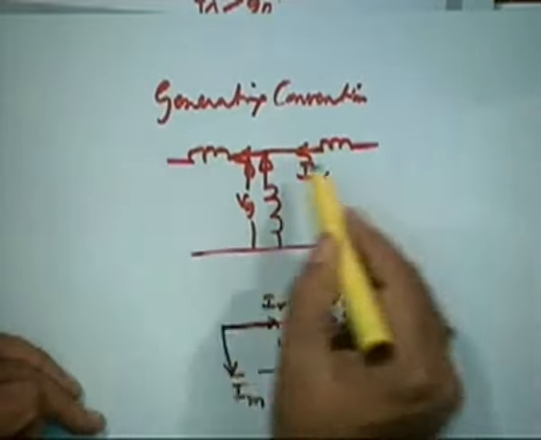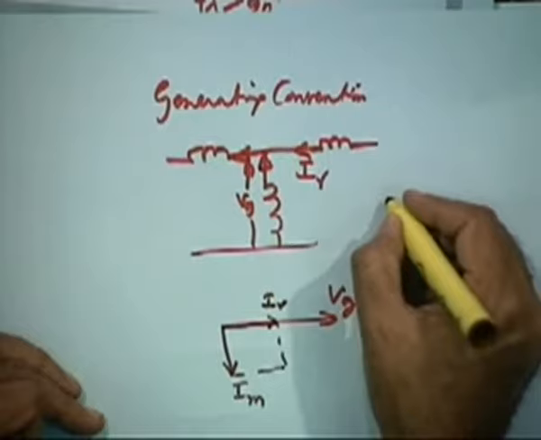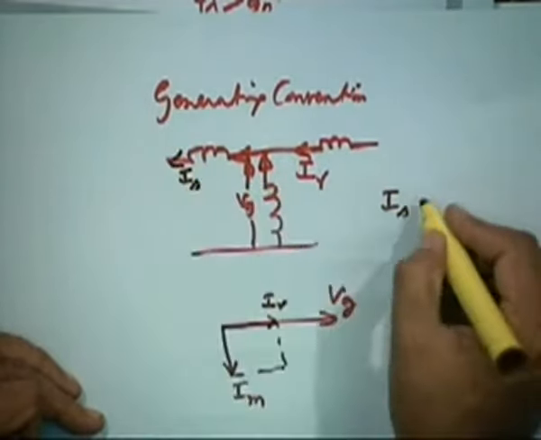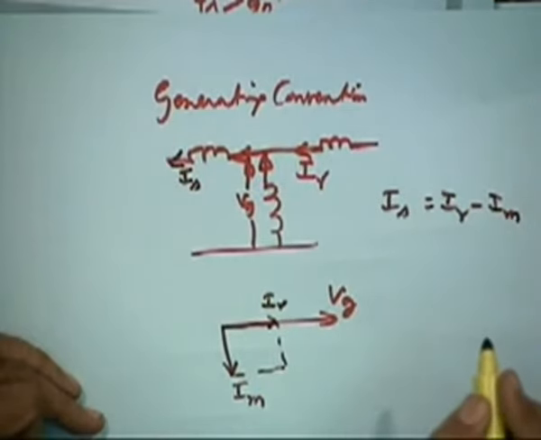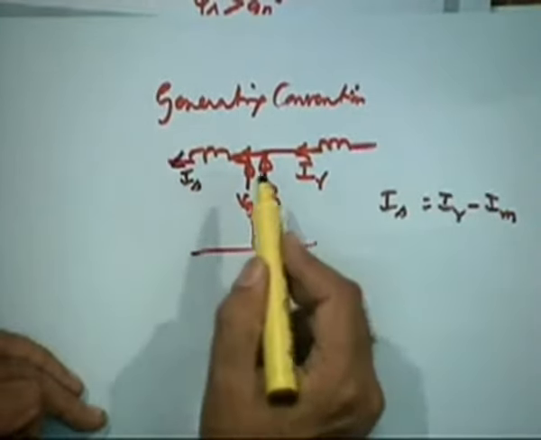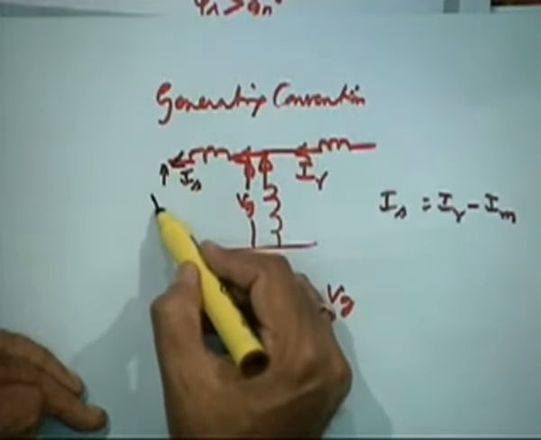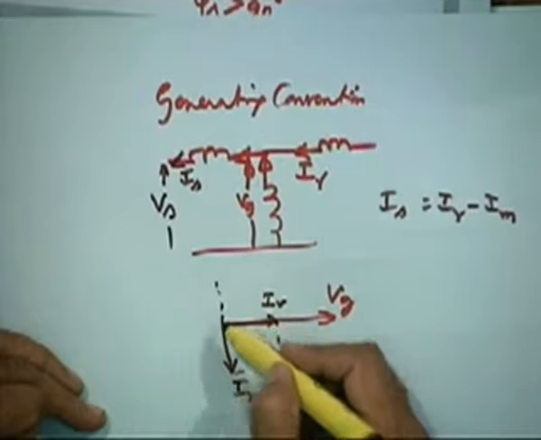What will be this current if I go this way? So the question is, IS will be IR minus IM. This IS, because I have taken IS to be going out of the Vg into Vs, right? So it will be IR minus IM somewhere here.